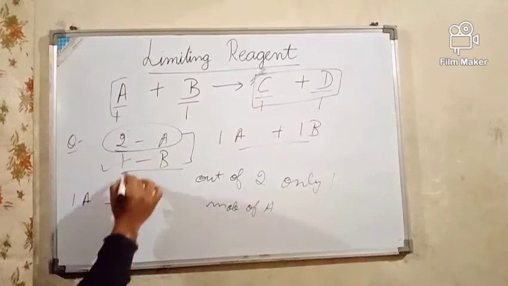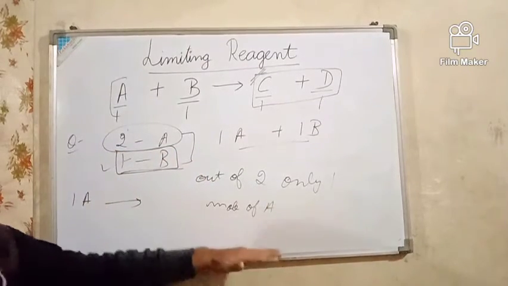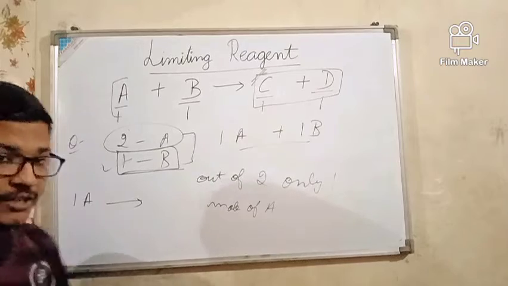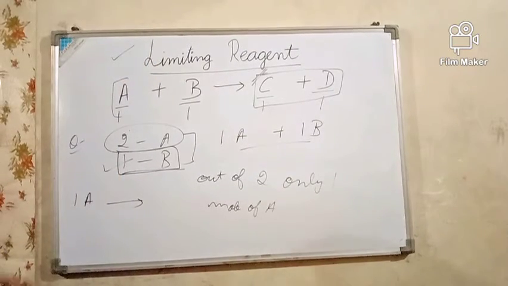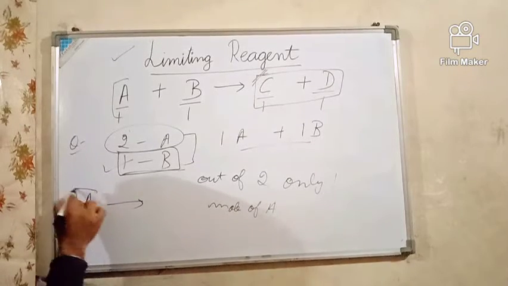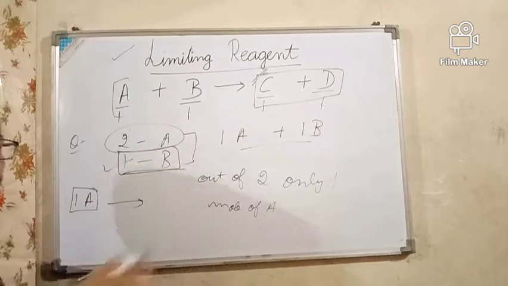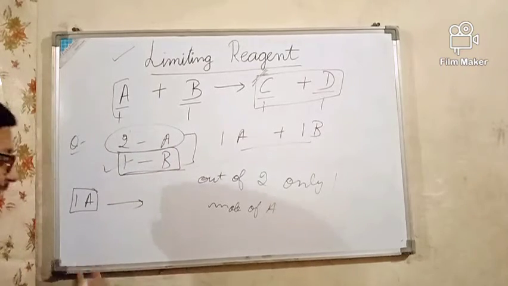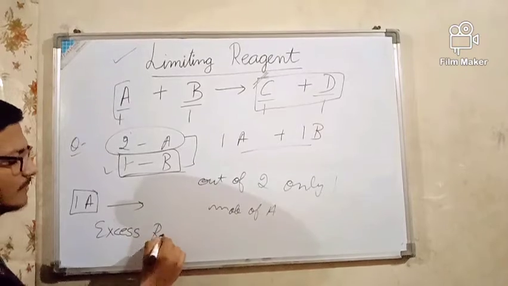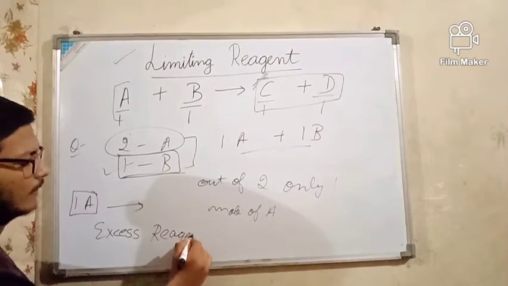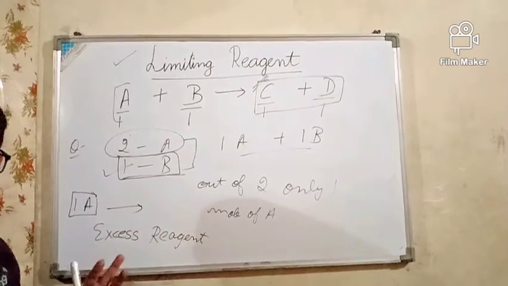And like this, the reactant which is present in a limited quantity is known as limiting reagent, and the other one, reactant A, which is present in excess, is known as excess reagent.